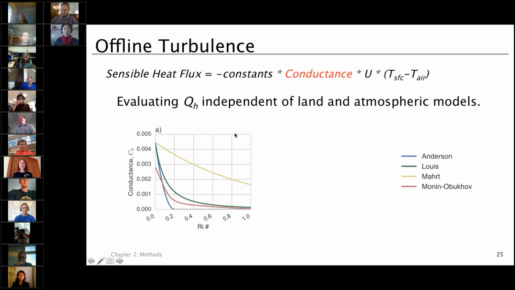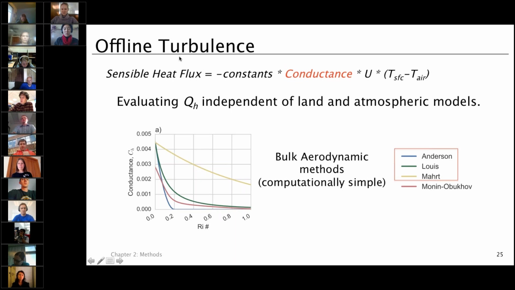Each of these differ in how they vary the conductance, which is how much heat flux is allowed per unit wind speed per gradient in the air temperature, as a function of the Richardson number. And again, Richardson numbers getting progressively larger mean the buoyant forces are resisting mixing. So a large positive Richardson number means you have very stable conditions. You have very warm air over very cold air. 0 is just neutral conditions, neutrally buoyant.